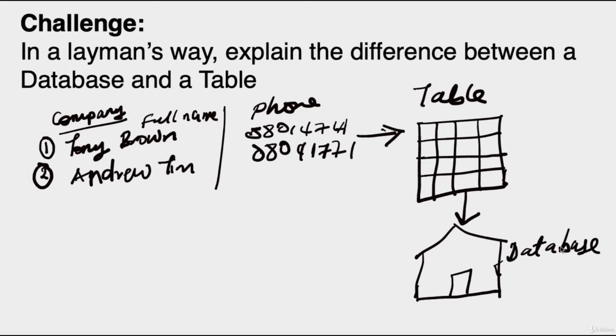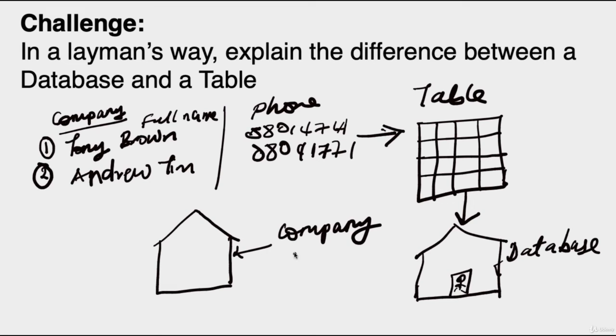What it means is that you agree with me, not one person lives in a house. We have many people that can live in a house. So in this house, called company database, we can have information about employees.